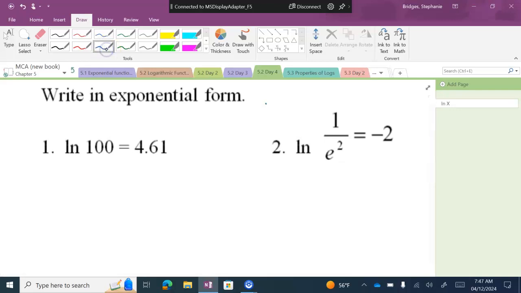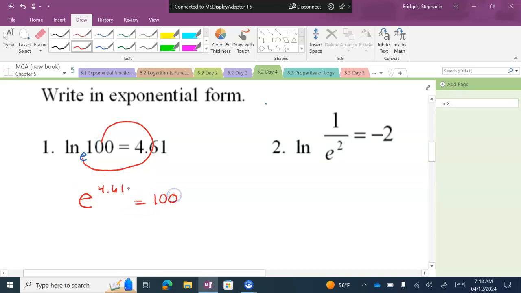So what I would recommend is going ahead and writing your e in there so that we know what our base is. And then just like we did with regular logs, we're going to make our little e to take it to exponential, starting with your base. So it's going to be e to the 4.61 power equals 100.